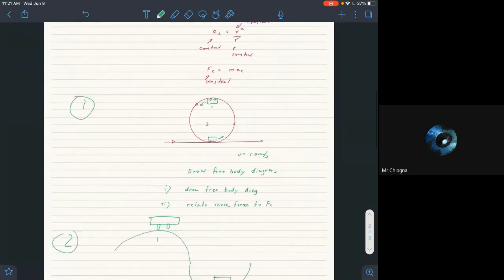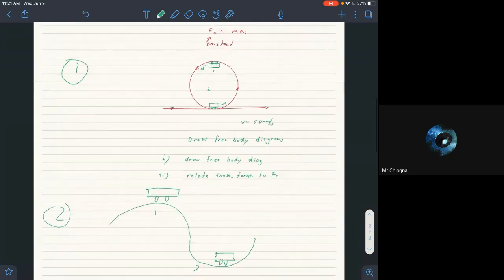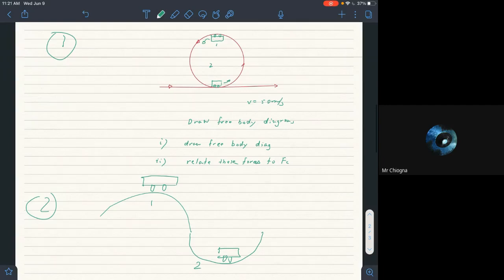And then relate those forces in the diagram to the centripetal force.